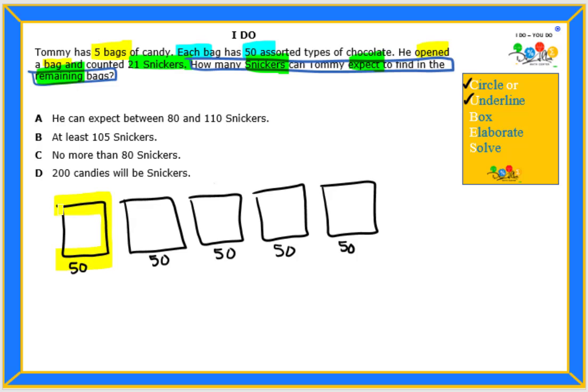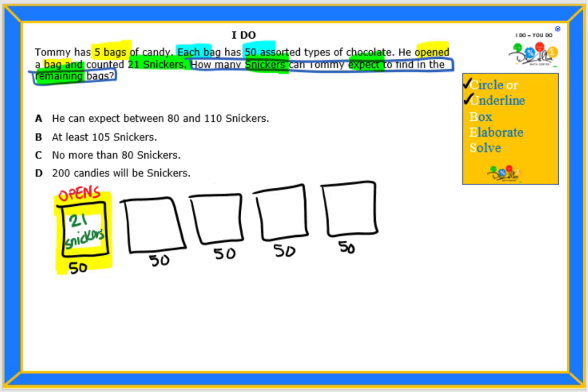So let's say that this is the bag that he opens. When he opens the bag, he takes out the chocolates and he counted 21 Snickers in that bag that he opened.